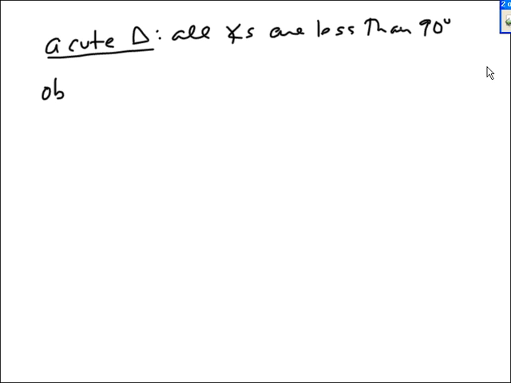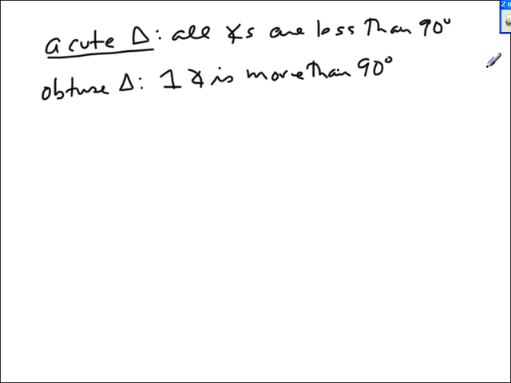Now you have an obtuse triangle: one angle is more than 90 degrees. Well, is it possible that you can have two angles more than 90?